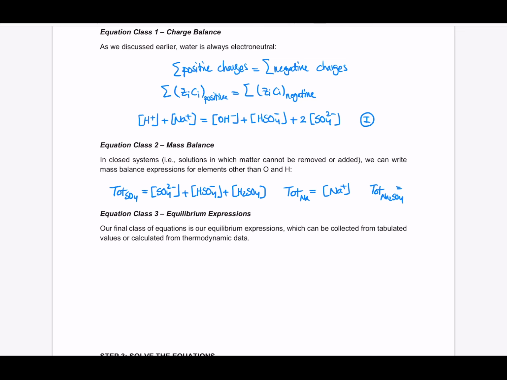So this would be equal to 2 times the total of sodium sulfate we added. Now this is known, and we're connected to this one that is unknown.